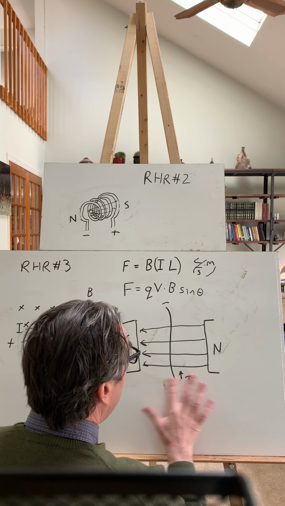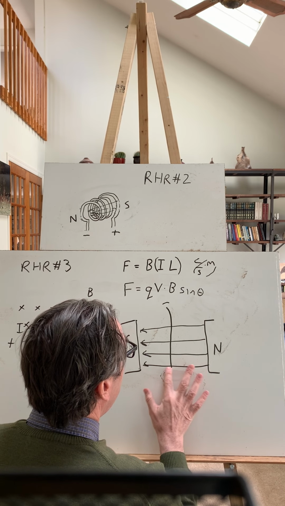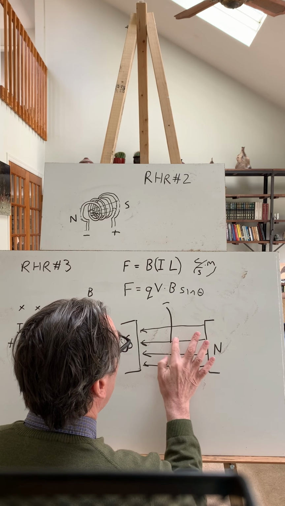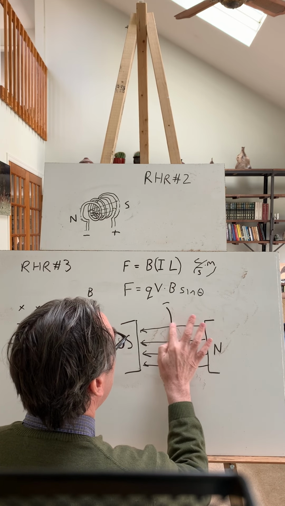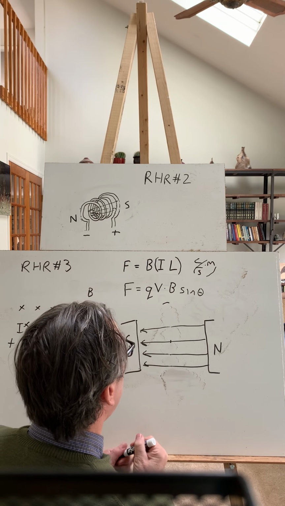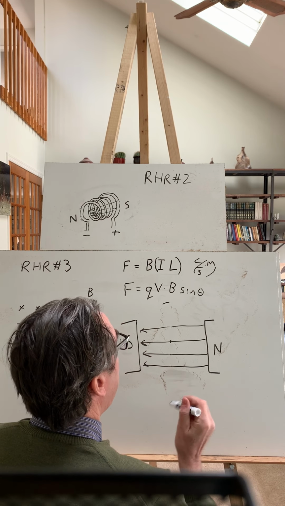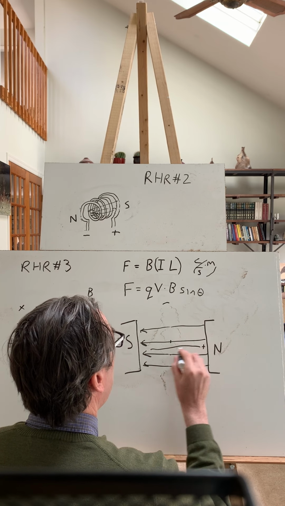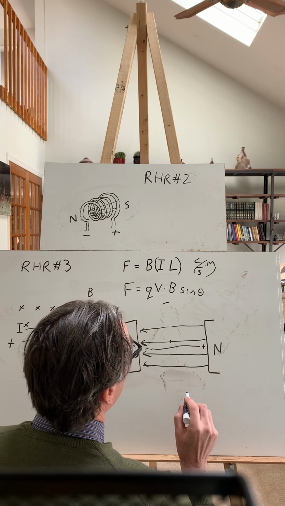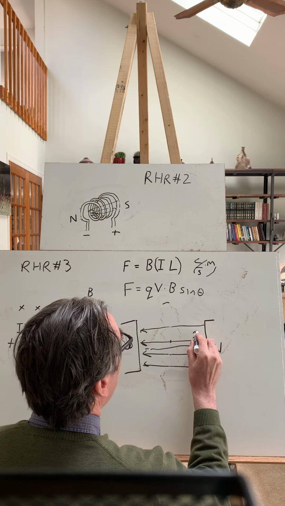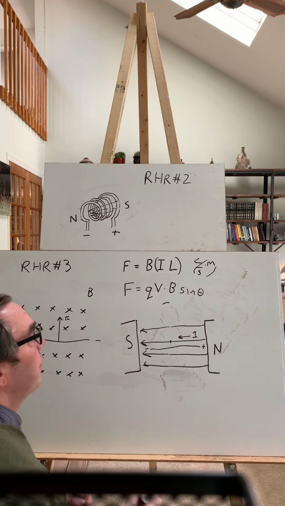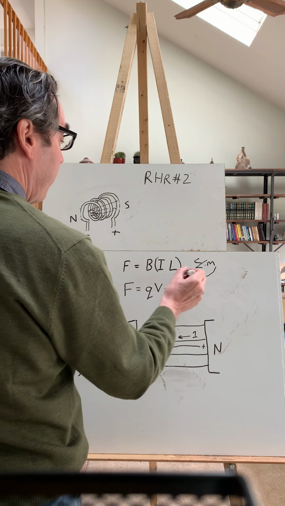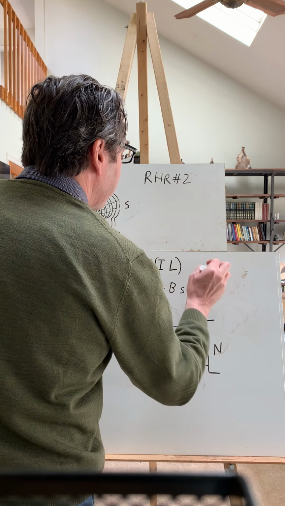Now, if we turned that, oriented that wire so that it was like this, and the current was going in the direction of the field, in that case theta would be 0, and we can also apply the same sine theta up here.